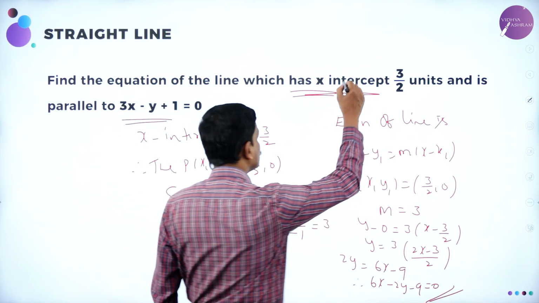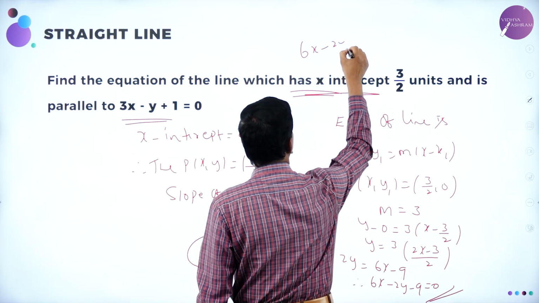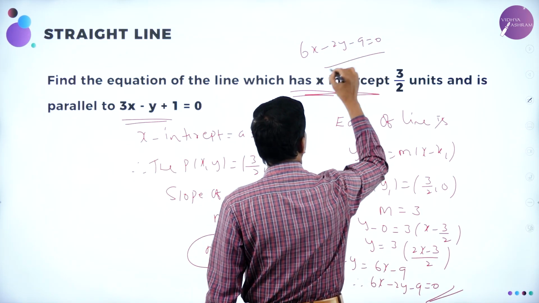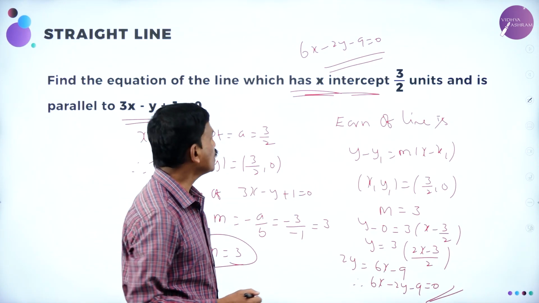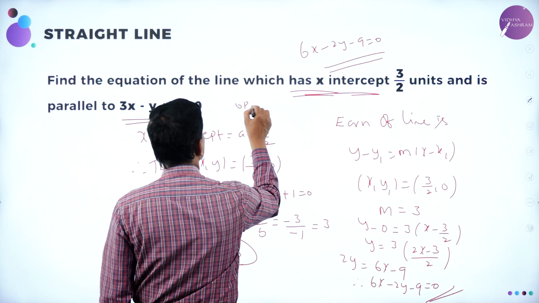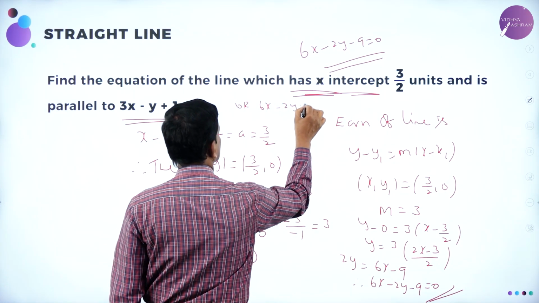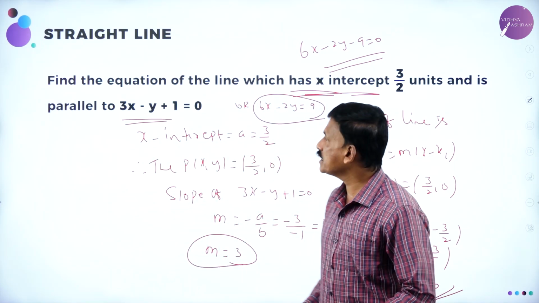So, the required equation of the line is 6x minus 2y minus 9 is equal to 0. Very simple problem. Or if you want, you can write 6x minus 2y is equal to 9 itself. That's it. Okay. Now move on to the next problem.